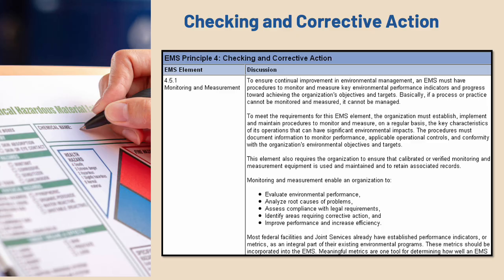If you are monitoring air emissions and notice levels exceeding the target, you can take corrective actions like optimizing equipment, improving processes, or adding scrubbers to reduce your air emissions. So that's why checking and corrective actions is very important to ensure you keep on being aligned.